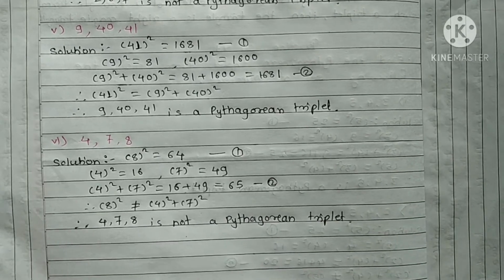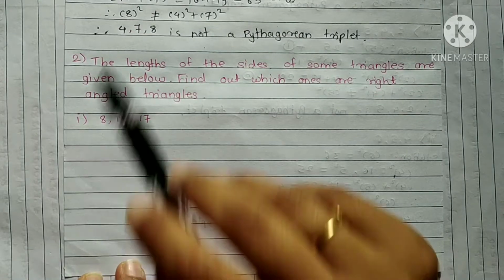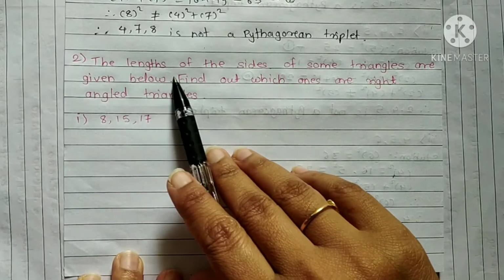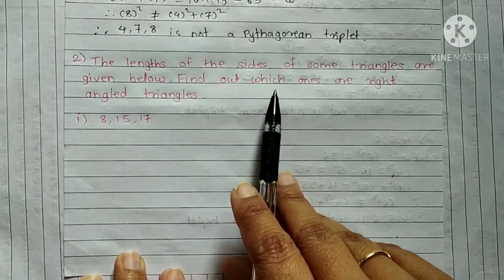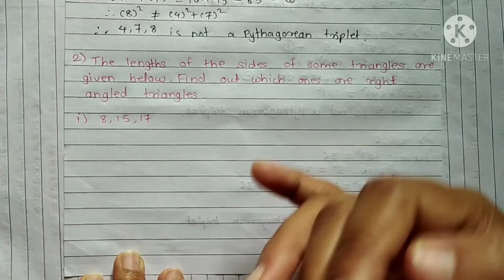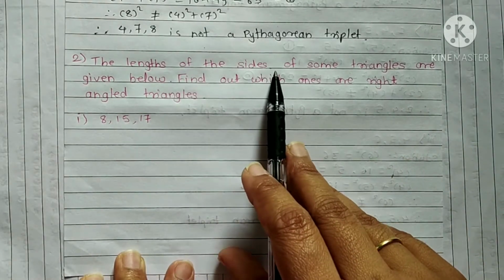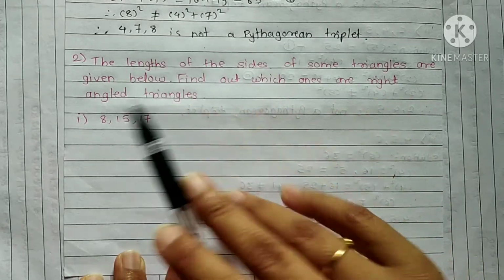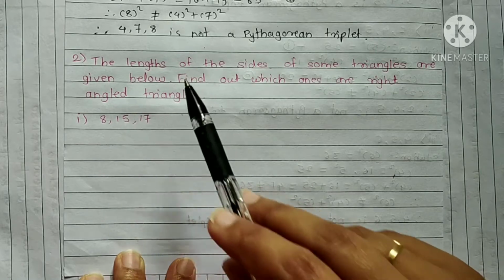Now see the second question. The second question is: the lengths of the sides of some triangles are given below. Find out which ones are right angle triangles. In this question, the lengths of the sides of some triangles are given, and we have to check whether the given triangle is a right angle triangle or not.